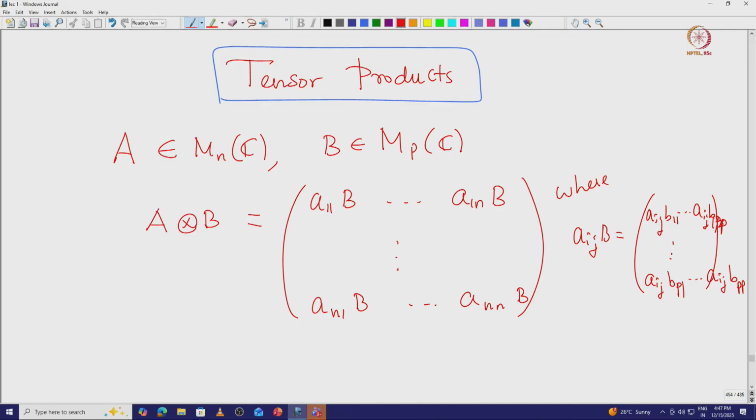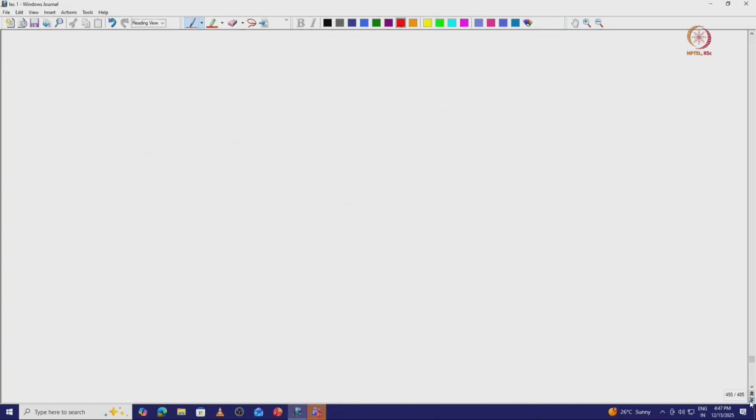Now you can see what the diagonal entries of A tensor B will be. If you closely look at A tensor B, it looks as follows.